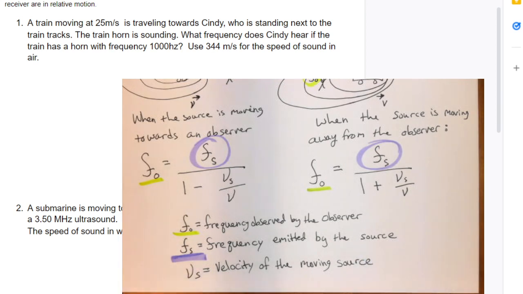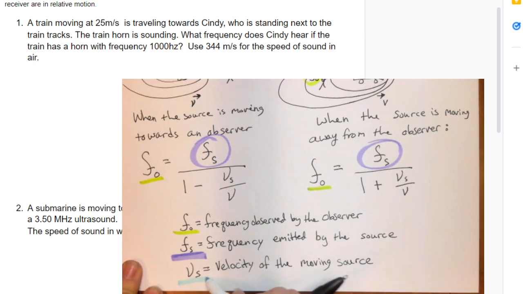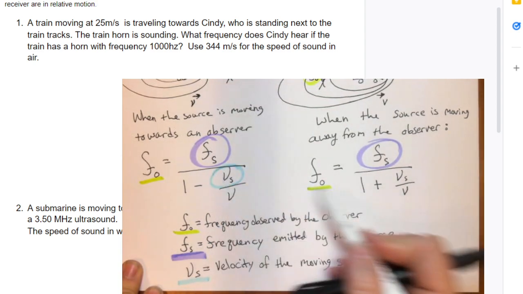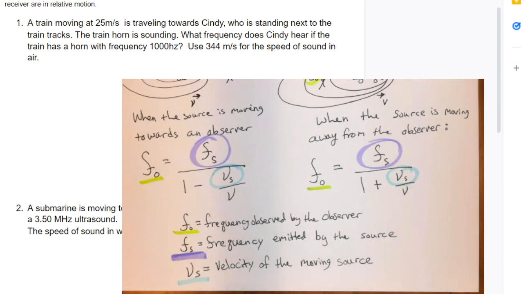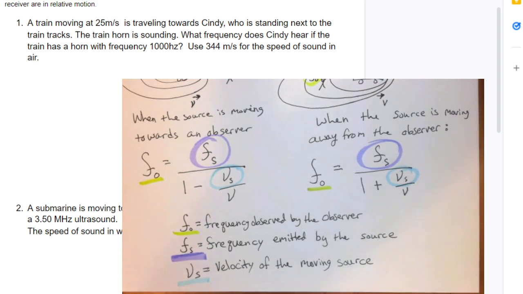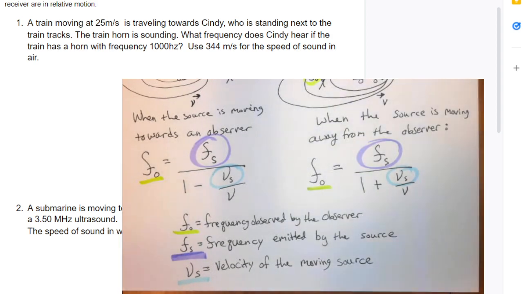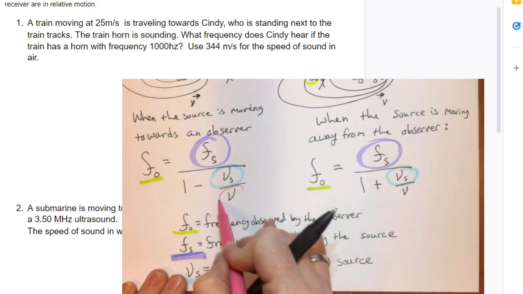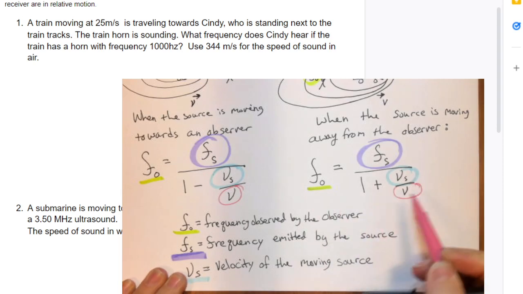And you see that in the equations right here. One more term that you must make sure you know, the velocity of sound, which is this V down at the bottom.